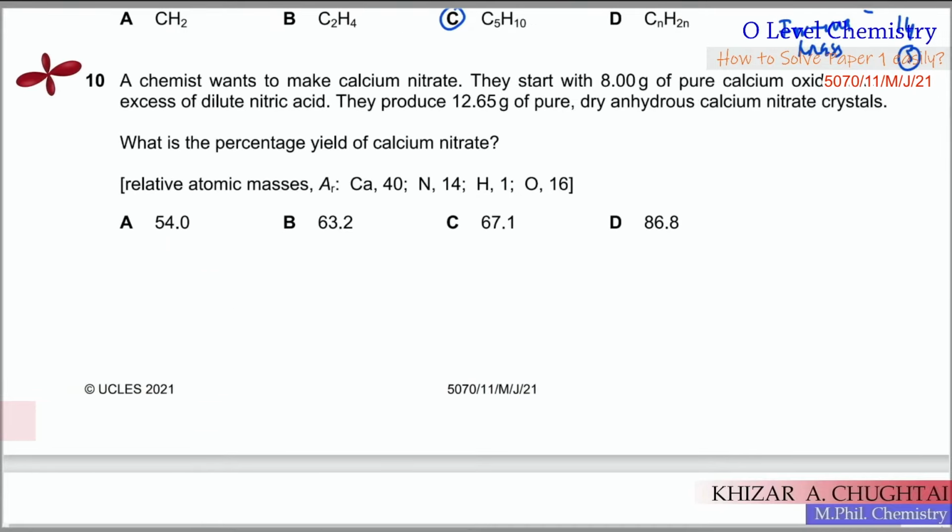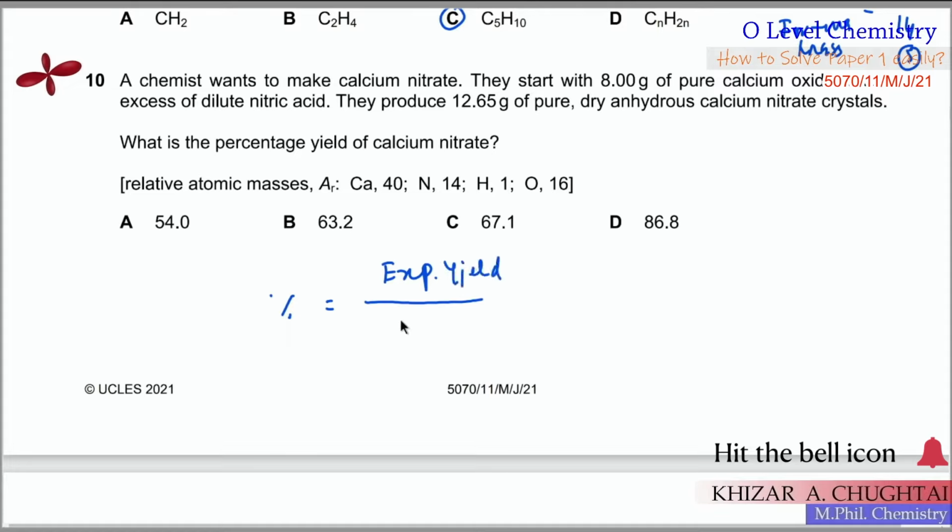A chemist wants to make calcium nitrate. They start with 8 gram of pure calcium oxide and excess of dilute nitric acid. They produce 12.6 gram of pure, dry, anhydrous calcium nitrate crystals. What is the percentage yield of the calcium nitrate? The simplest way out is, I'm going to write the formula of the percentage yield, that is equal to the experimental yield divided by calculated yield multiplied by 100.